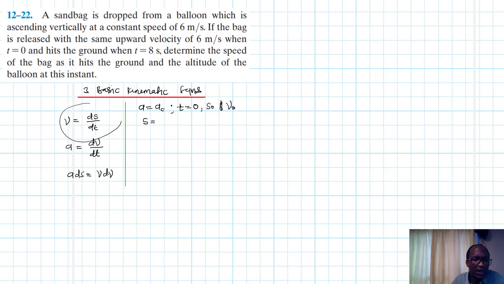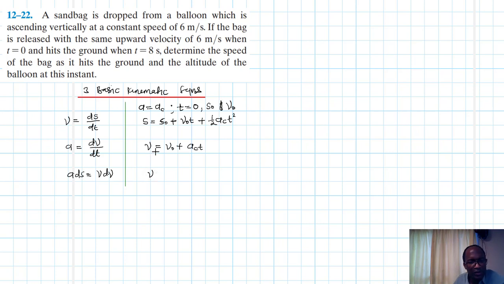When we integrate this one here, we have s is equal to s naught plus v naught t plus half a_c t squared. When we integrate this one here, we have v is equal to v naught plus a_c t.